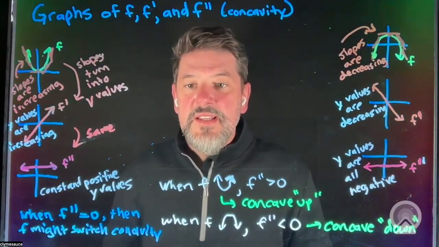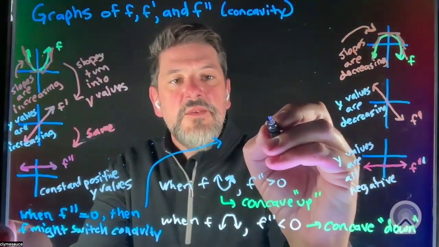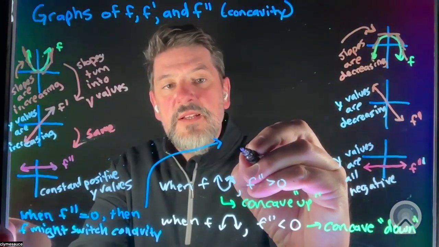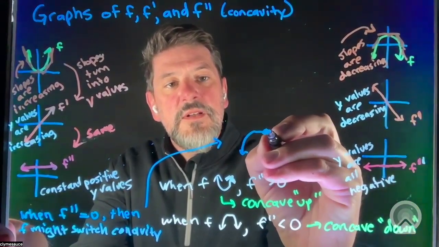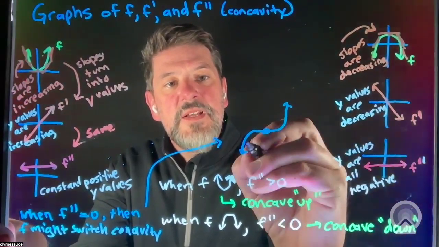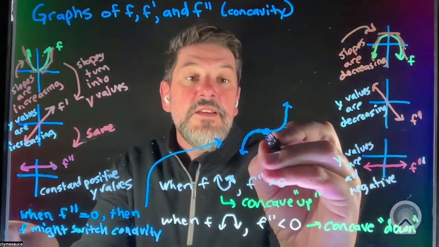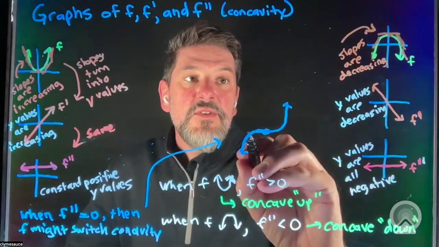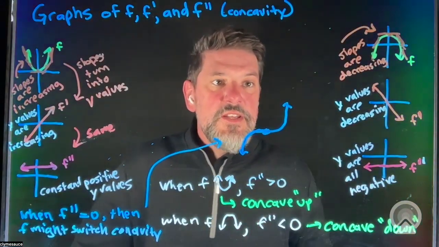And what that looks like, running out of space, so I'll have to draw it over here somewhere. What that would look like if something is going from concave down to concave up looks something like this. So here's concave down, and here's concave up. So for this particular one, it's actually concave down, so the slopes are constantly decreasing.